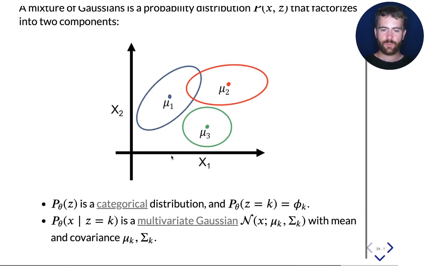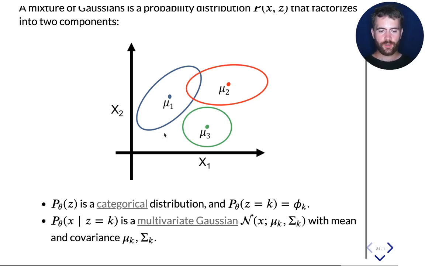In general, the structure is that we have a categorical variable Z, and the probability of Z is given by a categorical distribution, meaning that Z can take some number of discrete values. In this example, it's 3, and each possible value of Z has a probability phi k of taking that value. And then conditioned on a particular class, the distribution of X is a multivariate Gaussian that is given by this particular form.